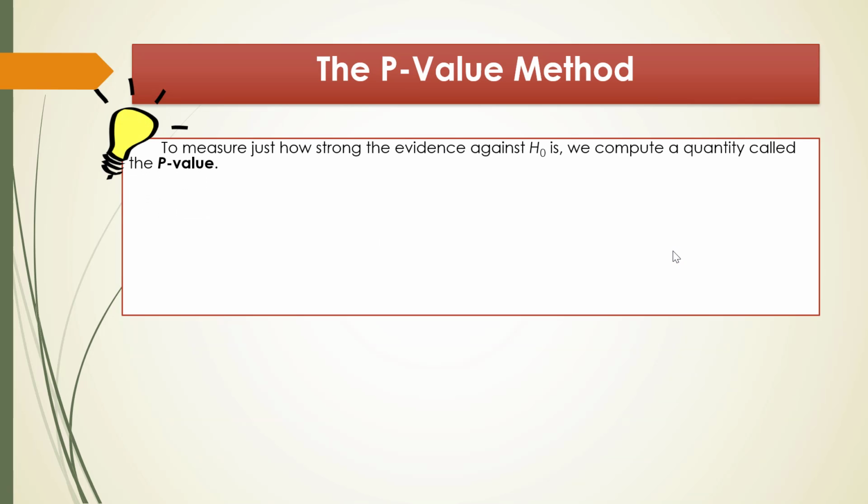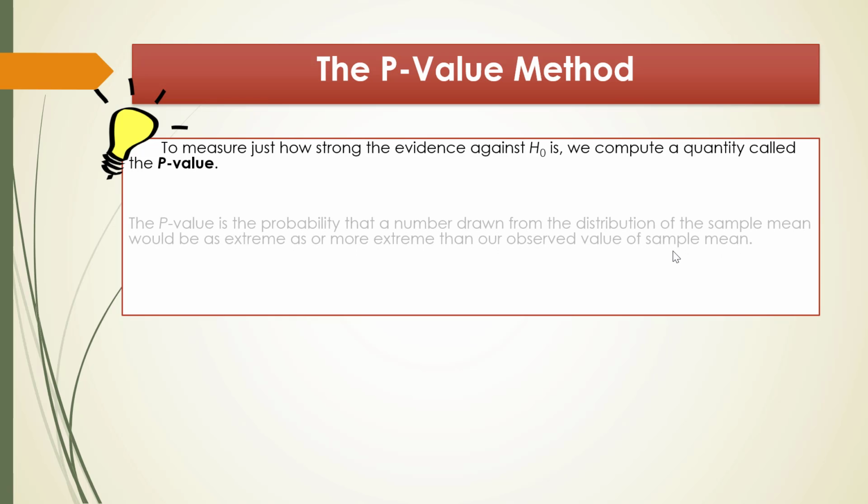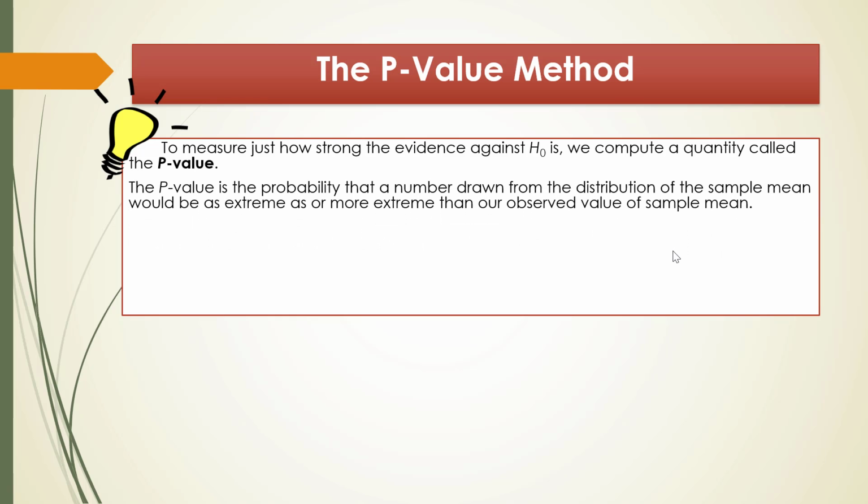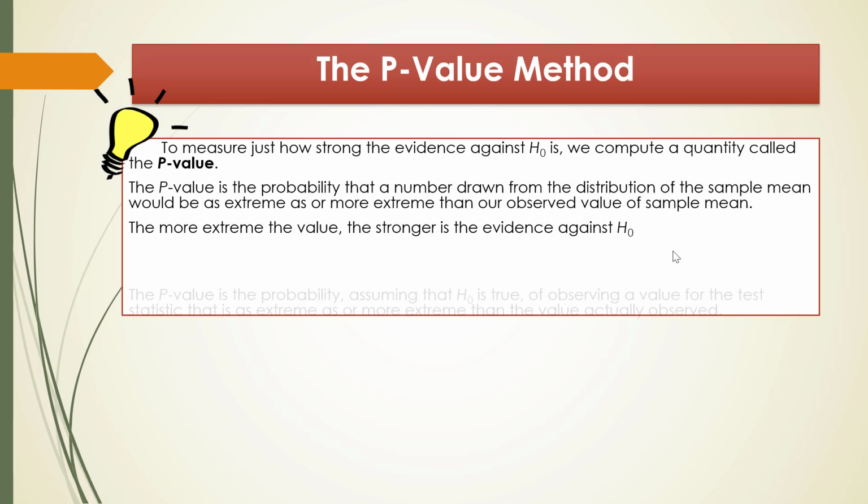The p-value method is to measure just how strong the evidence against the null hypothesis is. We compute a quantity called the p-value. The p-value is the probability that a number drawn from the distribution of a sample mean will be as extreme as or more extreme than our observed value of the sample mean. The more extreme the value, the stronger the evidence against the null hypothesis.